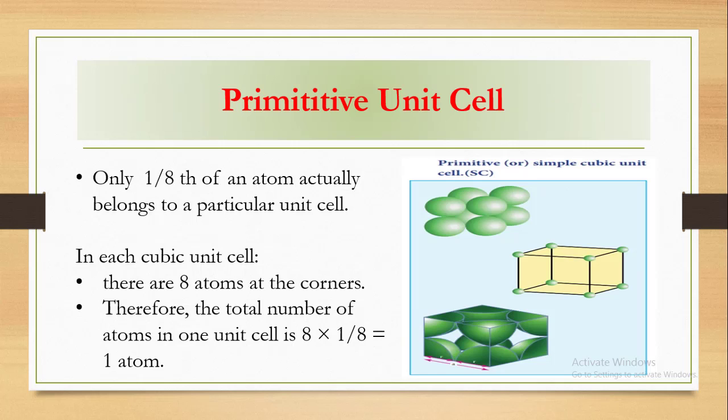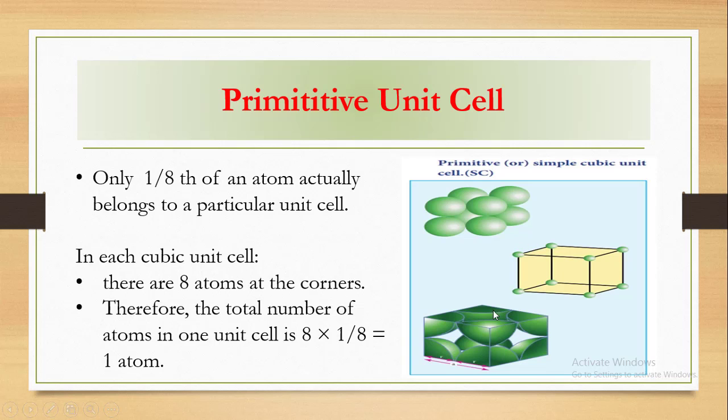So coming to the primitive unit cell, there are 8 atoms at the 8 corners of the unit cell. So just look at this structure. There are 8 atoms at the 8 different corners of the unit cell. Suppose, let us consider that these atoms are spheres.